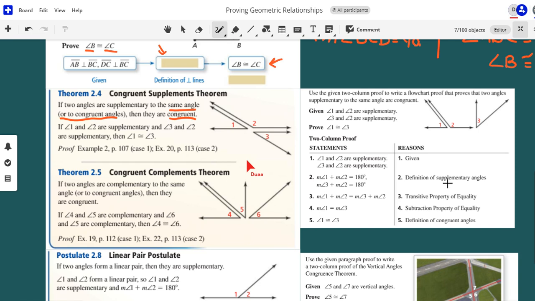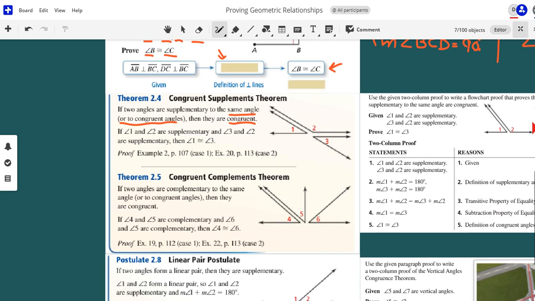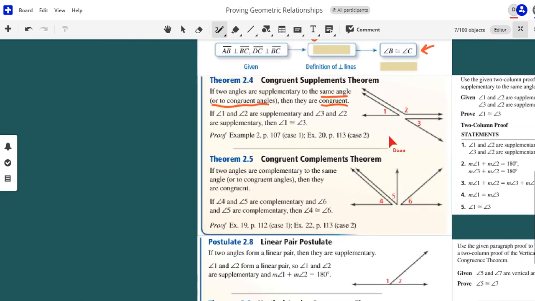Consider there is an angle, and there are two angles that are supplementary to that, and we have to prove that those two angles are congruent. Let me explain it to you.